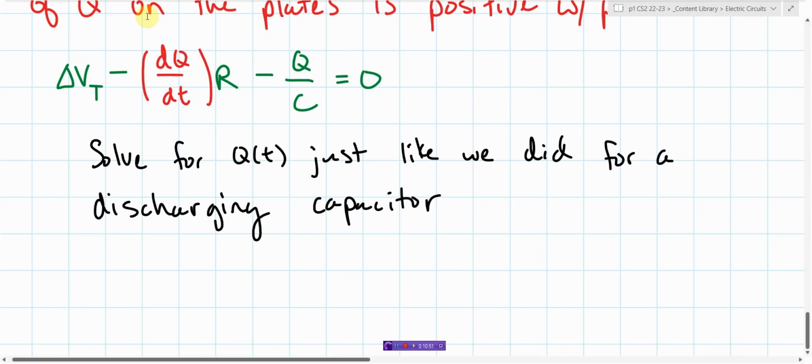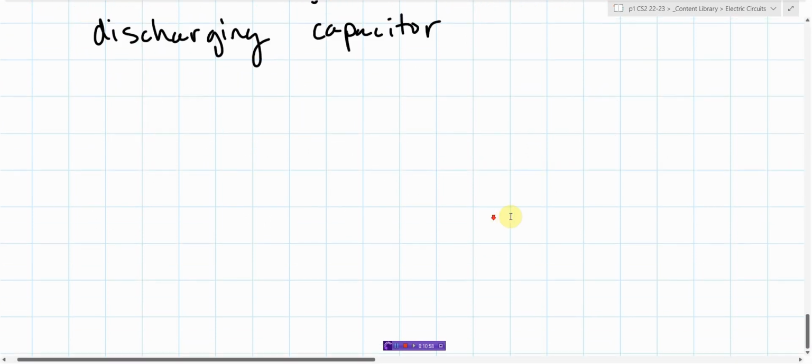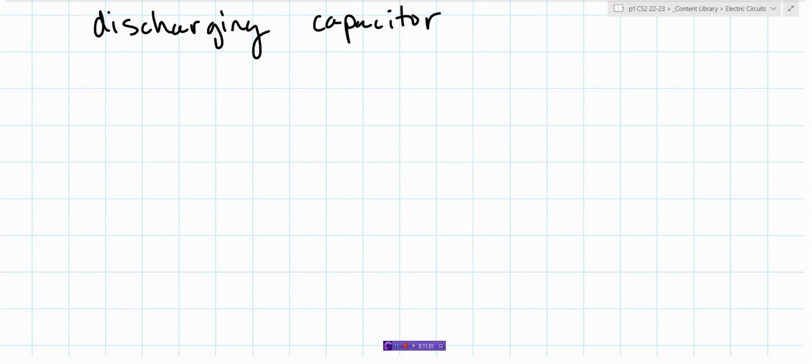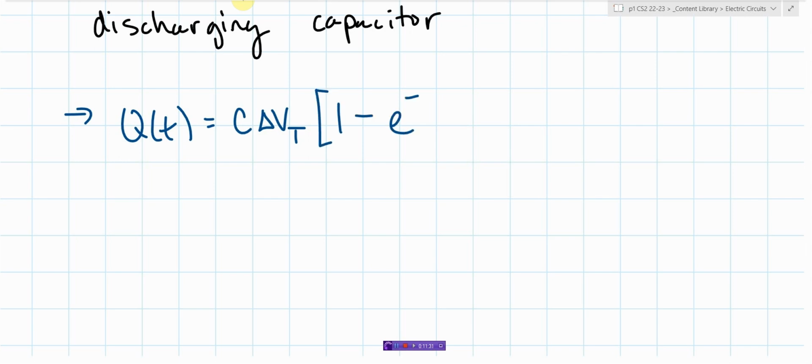And if we do that, what we will end up with is Q of t equals C delta VT times, sorry, 1 minus e to the negative t over RC.